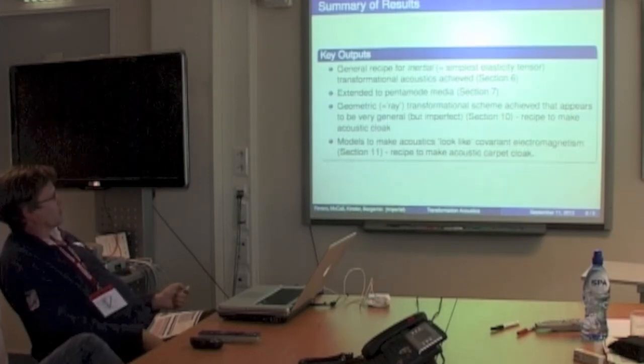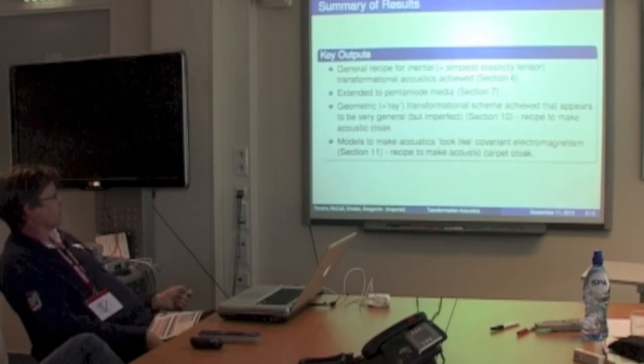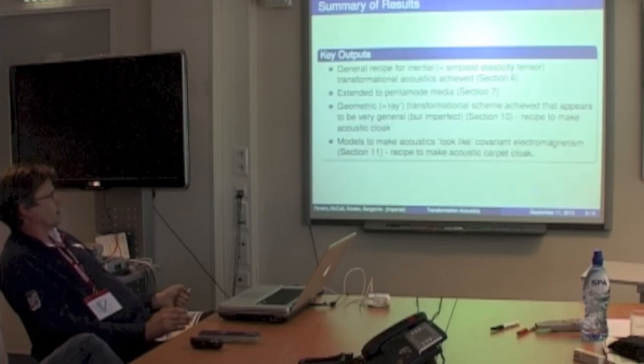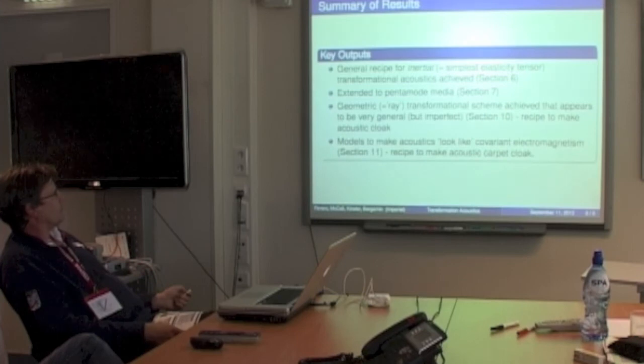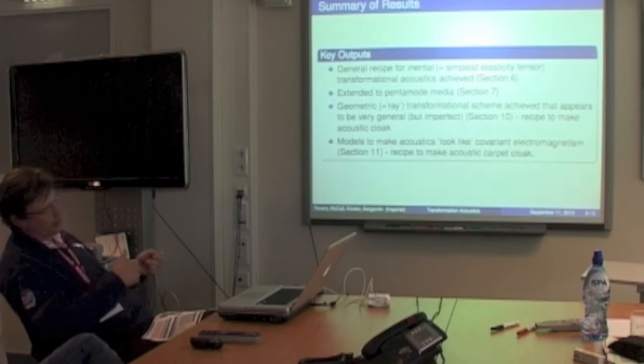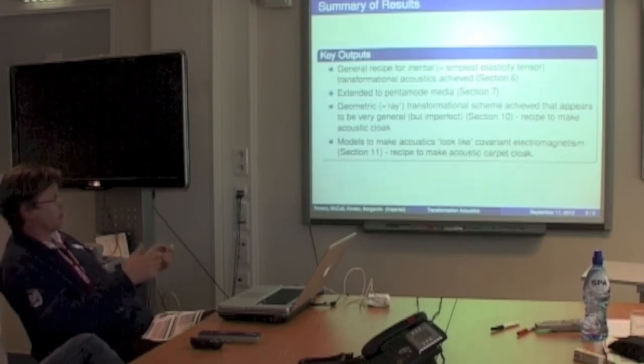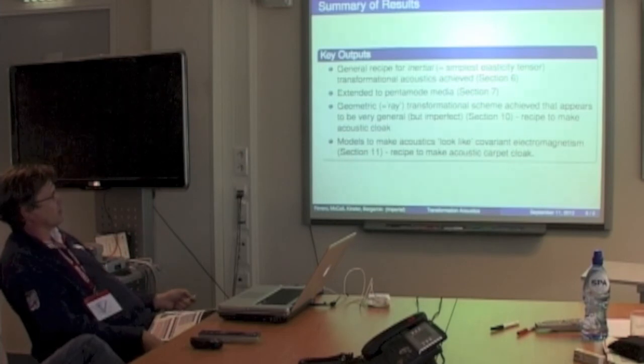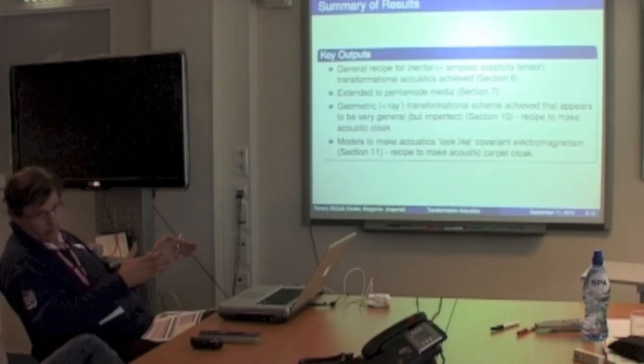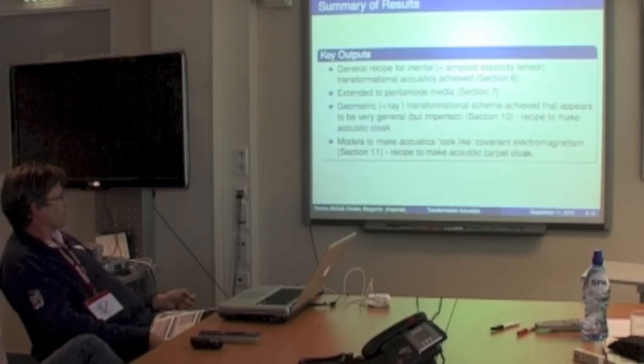My own contribution, which I'll explain at the beginning of the main presentation, was to abandon the idea of an exact transformational scheme, but to focus rather on a ray scheme that works, that is necessarily imperfect, but appears to be quite general, and to see if there is a way that we can map some desired transformation of rays that operate at that geometrical level to some simple recipe for changing the medium.